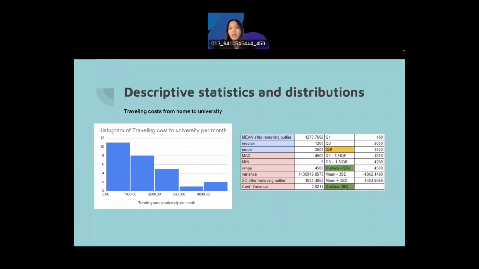On the x-axis is the traveling cost per month, and on the y-axis is the number of people. If you look at this table, you see the max and min of this data. And after I remove the outlier, the SD value changes to this.